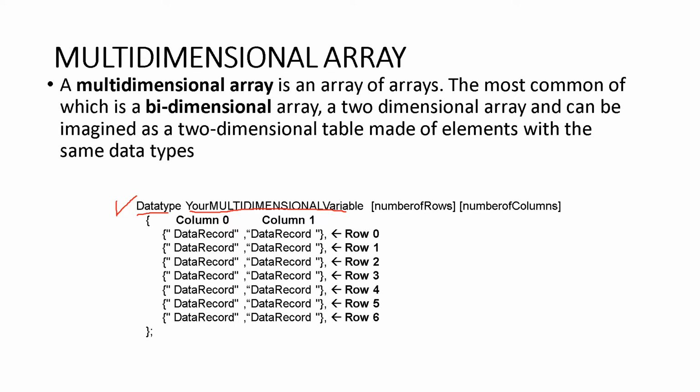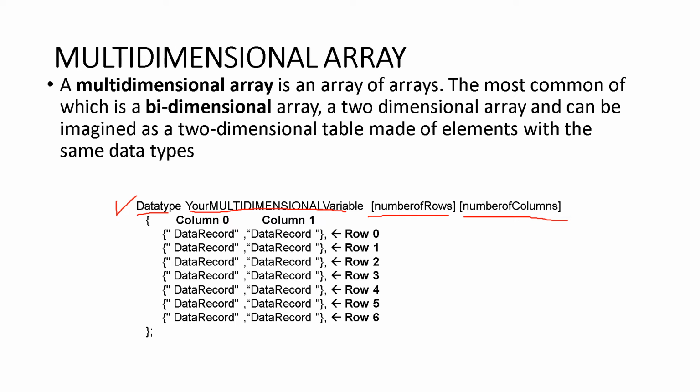But when it comes to mixed records with a combination of numbers and alphanumeric characters, you always use string. And then there will be two brackets here. That is why it's called bidimensional or multidimensional. The first bracket signifies the number of rows you wish to create, and the other one is the number of columns. And then down below is the initialization of this array.